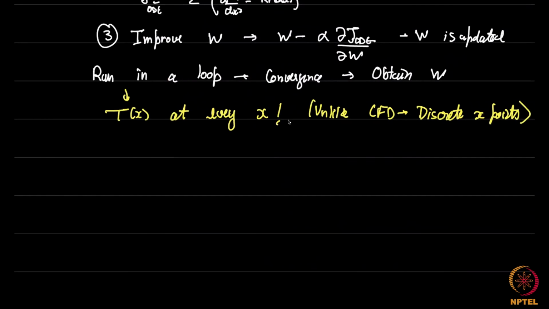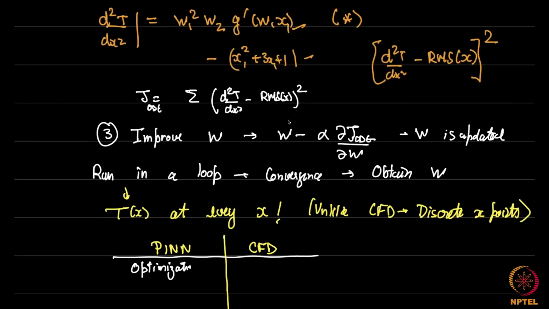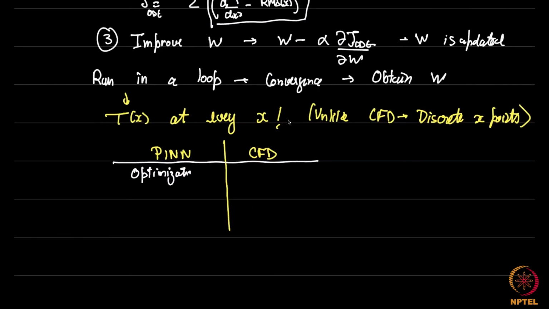So the difference between PINN and CFD is, PINN treats the problem as an optimization problem. What are you trying to optimize? You are trying to minimize this function. Whatever be the function that you are trying to solve, you are trying to minimize that function. I'll make this a little bit cleaner in the next video. CFD, on the other hand, is solving this directly as an ODE or PDE residual.